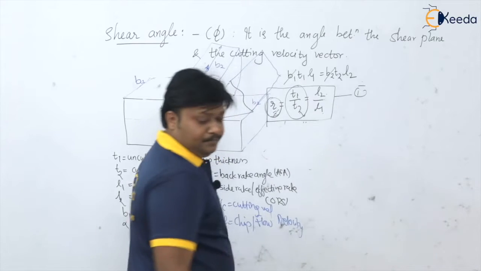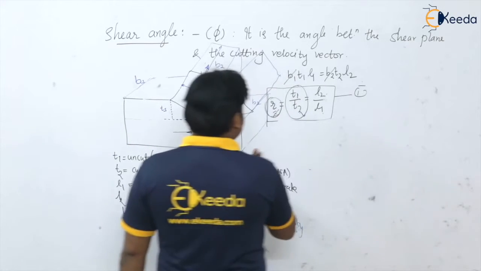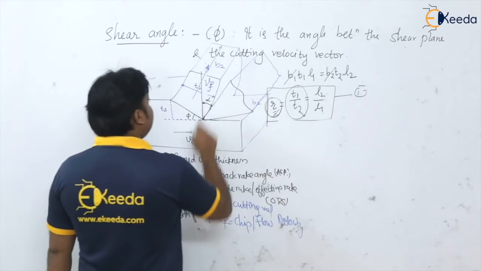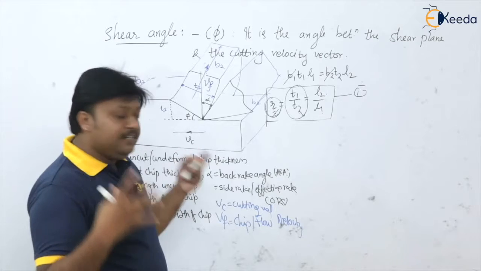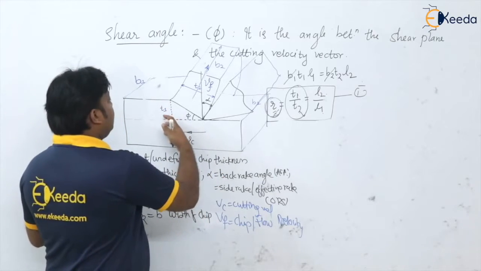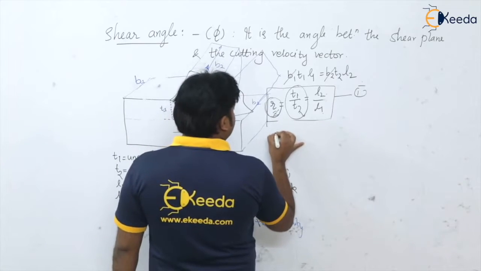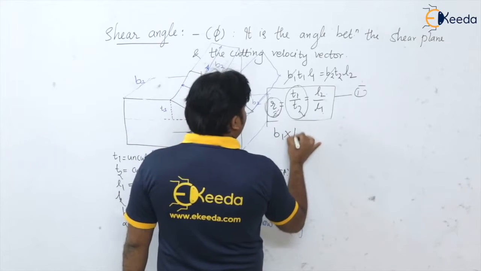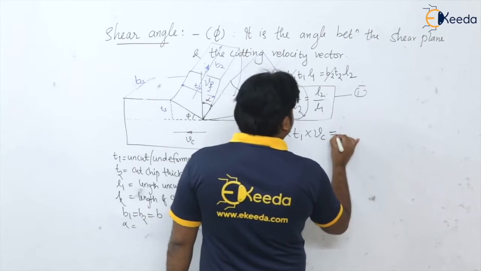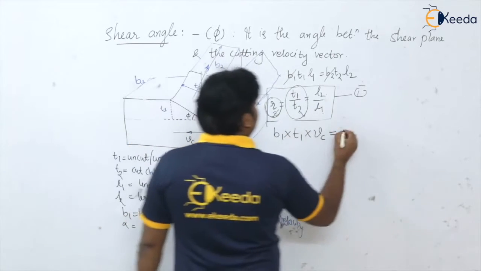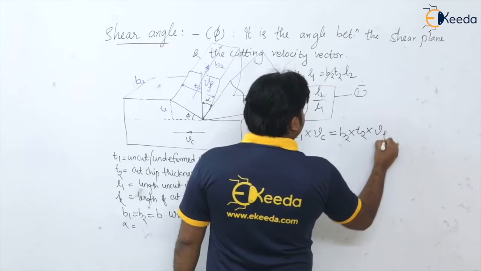Now, this r we can also write in terms of the cutting velocity and flow velocity. If we equate the volume flow rate before cutting and after cutting, so I can write the volume flow rate before cutting as B1 into T1 into cutting velocity Vc, equated with B2 into T2 into the flow velocity of chip Vf, isn't it?